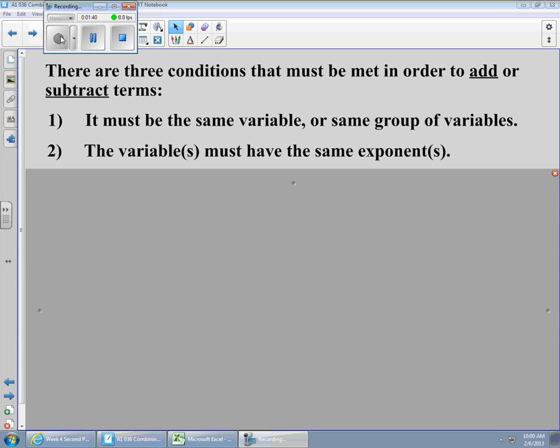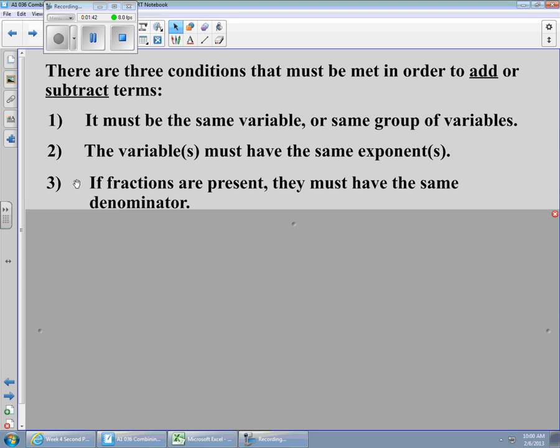And the third rule that absolutely has to be met if we are going to try to add or subtract terms is that if fractions are present, just like it has always been back in your late days of elementary school, you must have common denominators. If fractions are present, they must have the same denominator.